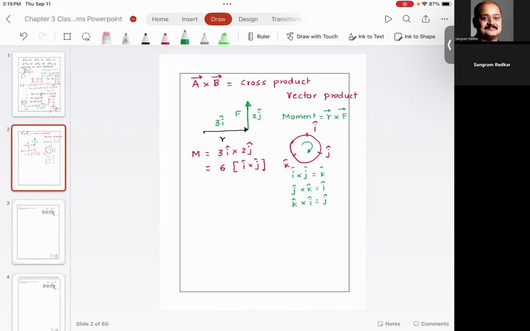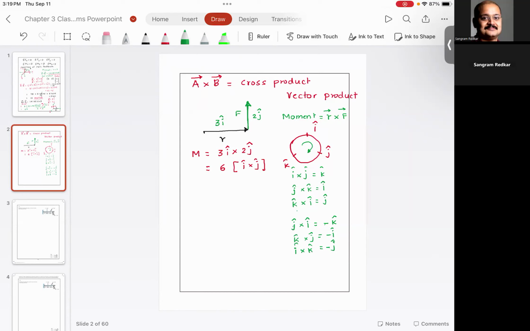Imagine if you were to do just the opposite. If you do J cross I, you are going in the opposite direction, you get minus K. If you do K cross J, you get minus I. If you do I cross K, you get minus J. So remember, in cross product, order is very important.